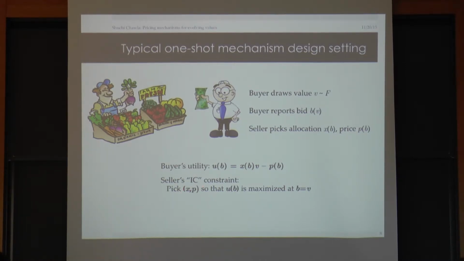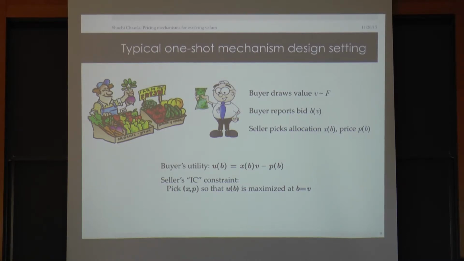So what does the seller now want to do? The seller faces the following constraint. Suppose the seller fixes these functions x and p. Now the buyer is going to try to find a bid that maximizes this utility function. And the seller wants it to be the case that x and p are such that for every value v, this utility function is maximized when the bid is equal to the value.